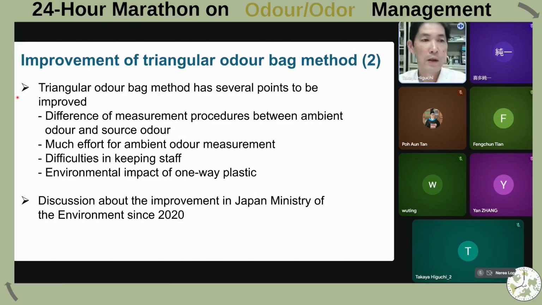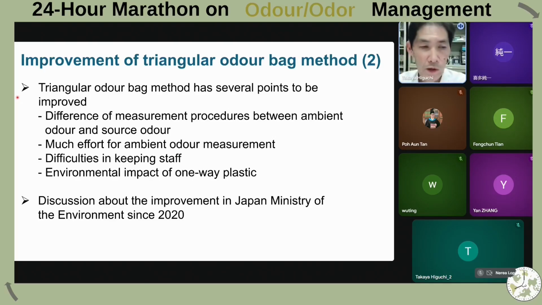However, this method has several points to be improved. For example, as I explained, this method has a difference of measurement procedures between ambient odor and source odor. And especially for ambient odor measurement, much effort will be needed.